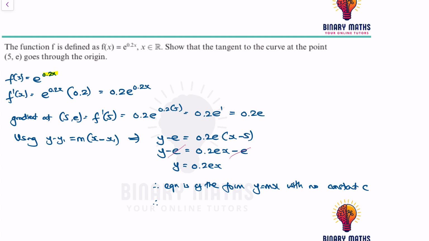Therefore, the tangent has no y-intercept. So c is equal to 0, y-intercept equal to 0, and therefore it goes through the origin.